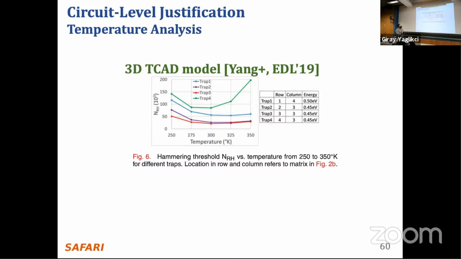So it is not clear exactly how or why it happens this way, but based on this model, it is some trap model, right?